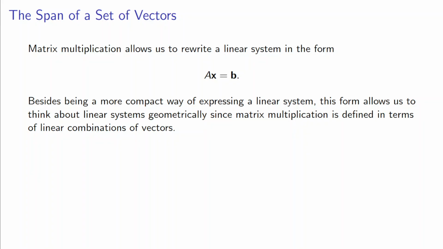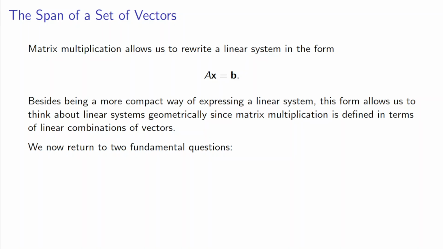And specifically, when thinking about vectors in R2 or R3, this idea of a linear combination certainly has the geometric interpretation that we've already explored. So we're going to be thinking about linear systems geometrically via this idea of linear combinations, and also thinking about solutions of linear systems geometrically.